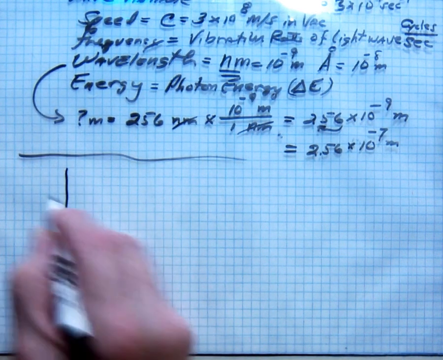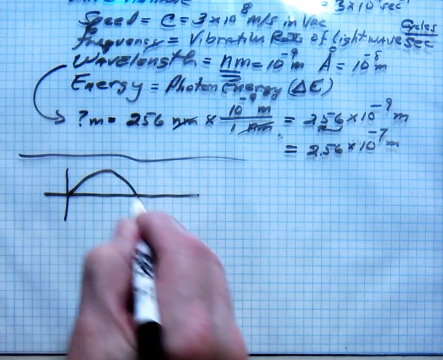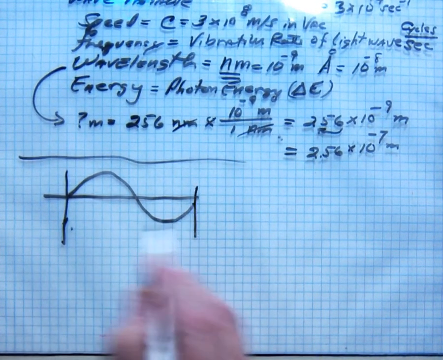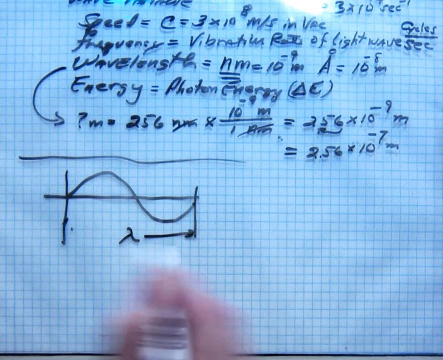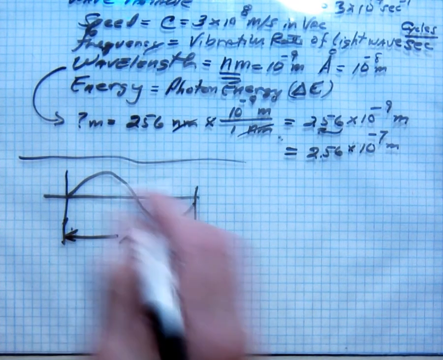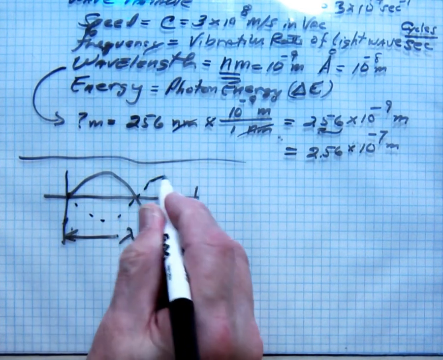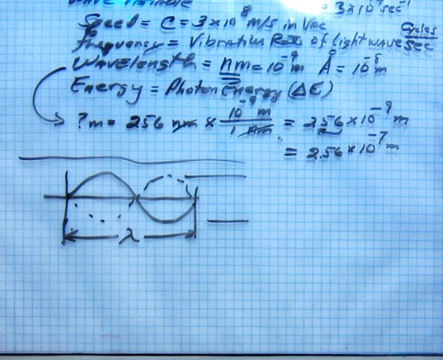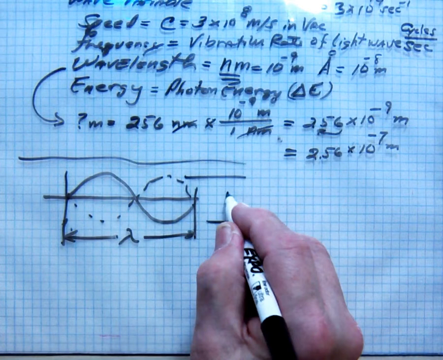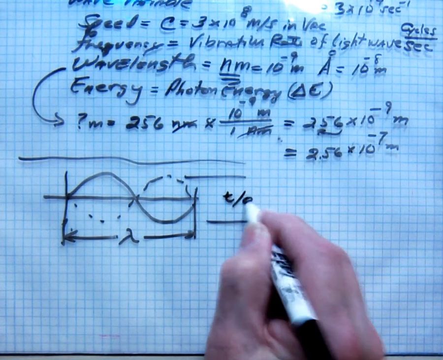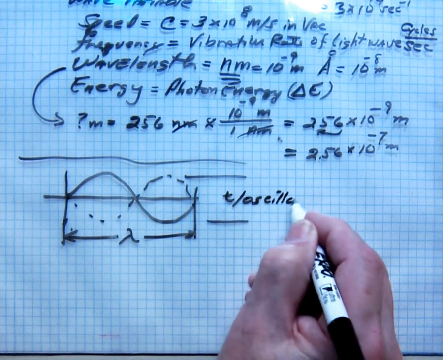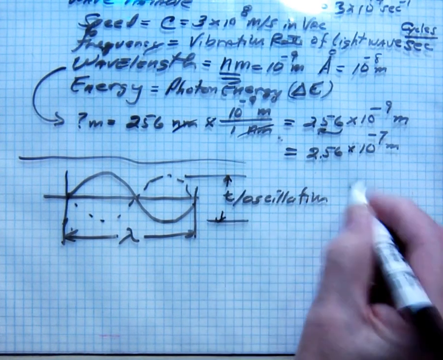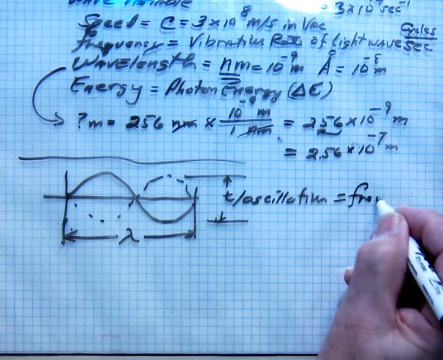If we talk about wavelength, we're talking about something like this. This is a two-dimensional wave, and it's represented by lambda. That wave oscillates from here through a central axis. The time per oscillation is referred to as frequency.